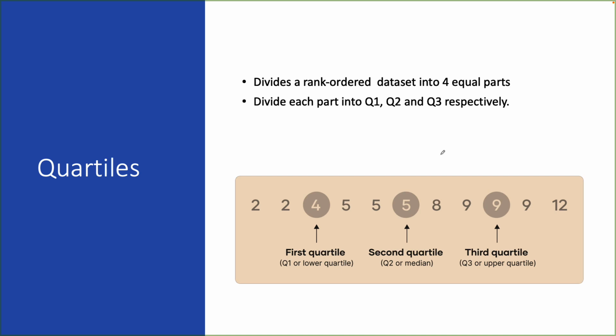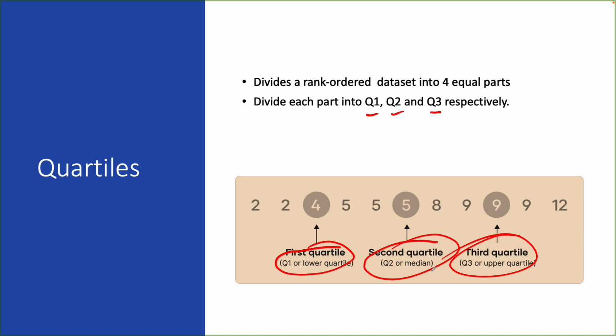For now, a quartile helps me divide my data set into 4 equal parts. Here, we will find 3 important statistic values, that is Q1, Q2 and Q3, the first quartile, second quartile and third quartile. The first quartile is also called the lower quartile, the second quartile is called the median, and the third quartile is also called the upper quartile.